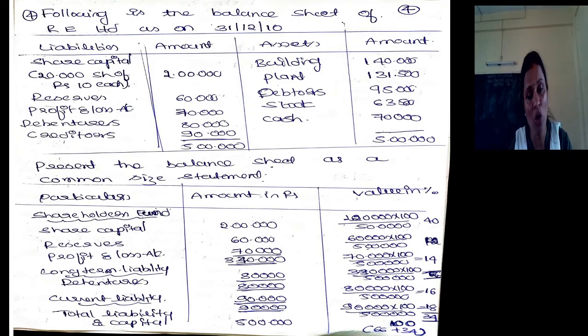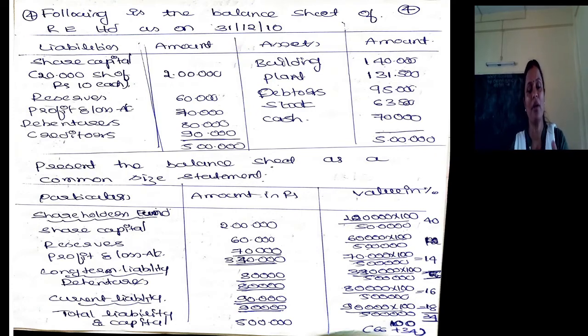We will fill the amount column first, value in percentage we will fill later. Plus long-term liability, there is only one, 80,000. Current liability, there is only one, creditors, 90,000. So total liability and capital of the firm is 5 lakh.